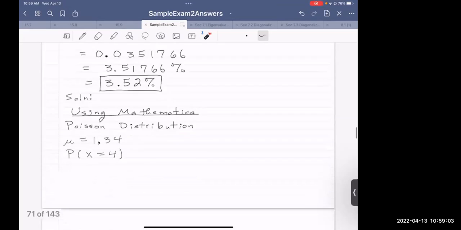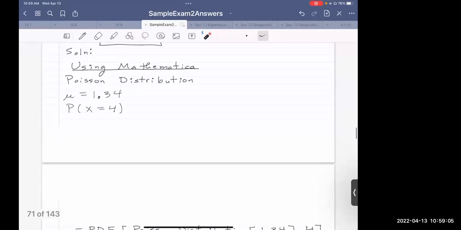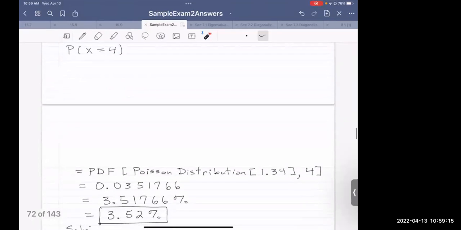So if you're using Mathematica, then again, we have a Poisson distribution, mu equal 1.34. I want to find the probability x is equal to 4. Since it's equality, I'll be using PDF. So PDF Poisson distribution 1.34 comma 4.